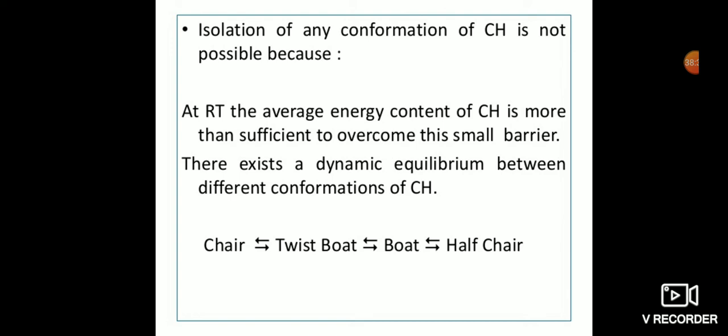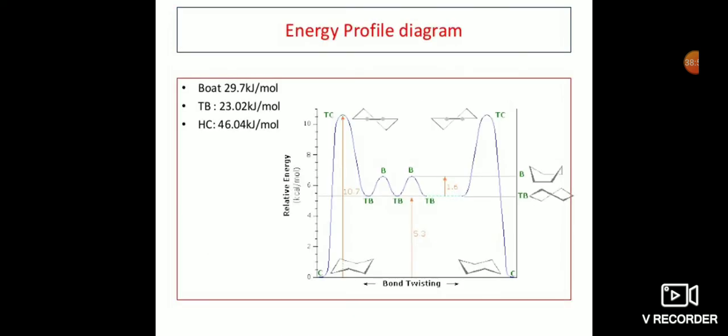In the case of cyclohexane we will say conformation, not form. So isolation of any conformation is not possible. So this is how we have discussed the isolation of these conformations.